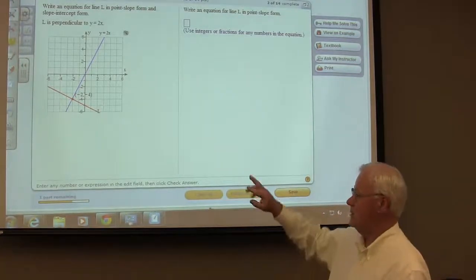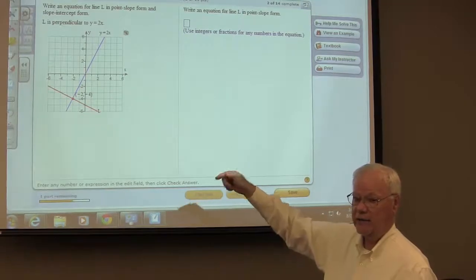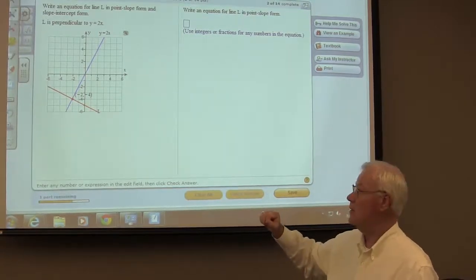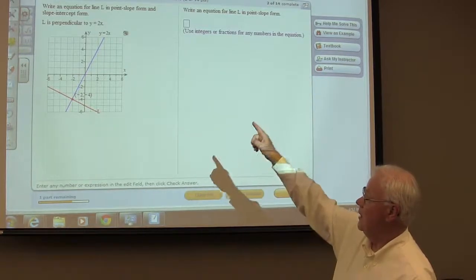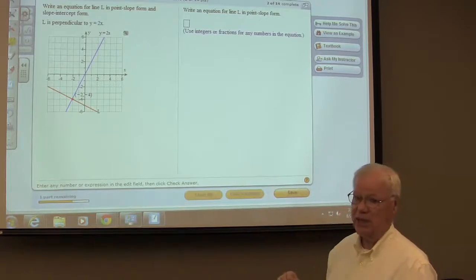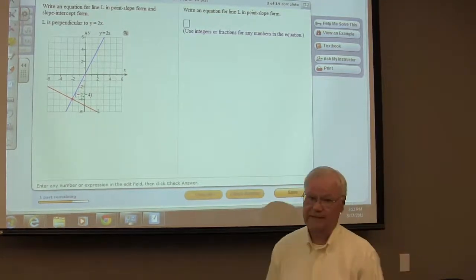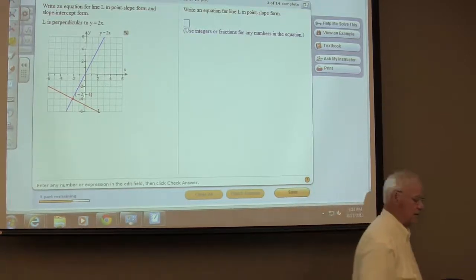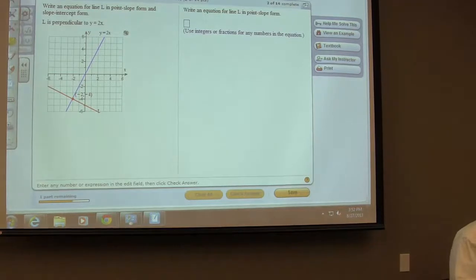What that means is you flip the slope over and take the negative of it. In this case, the original slope is the blue line, and it's, again, 2. That means that the red line is negative 1/2. Flip it over, change the sign. And we have a point, and the point is -2, -4.